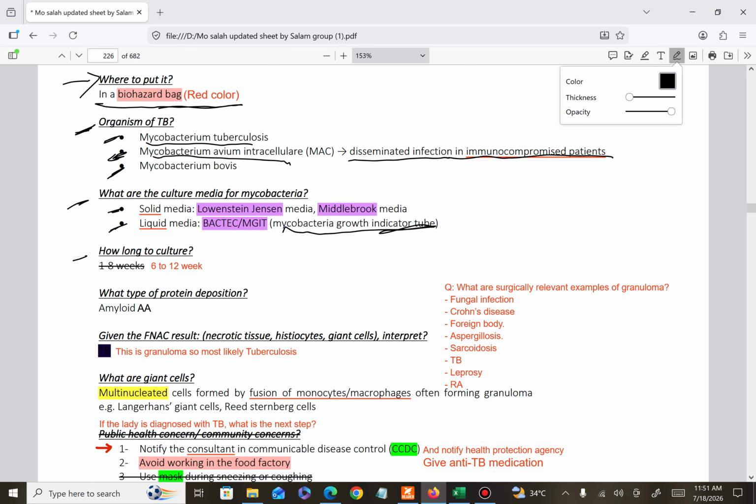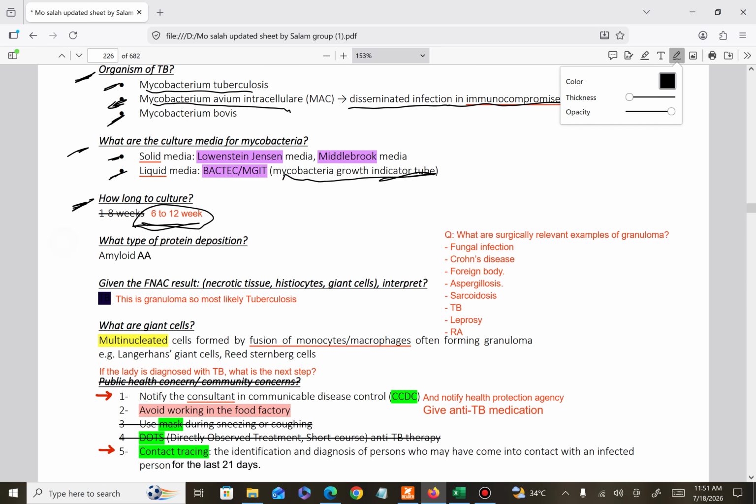How long to culture? For 6 to 12 weeks, this is the duration to culture. What type of protein deposition occurs? Amyloid AA.